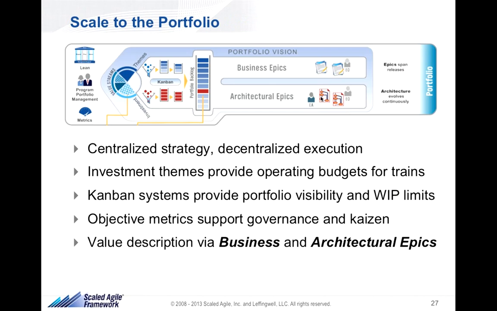And we use the word epics to describe the business epics and the architectural epics. Single sign-on, that would be a business epic. Move to 64-bit back office servers, that'd be an architectural epic. Architecture is a first-class citizen in this model. We don't know how to build really large-scale systems with solely emergent design.